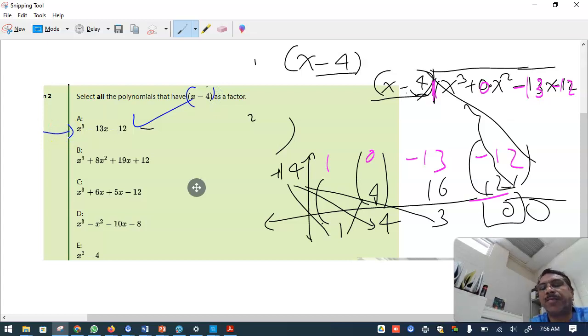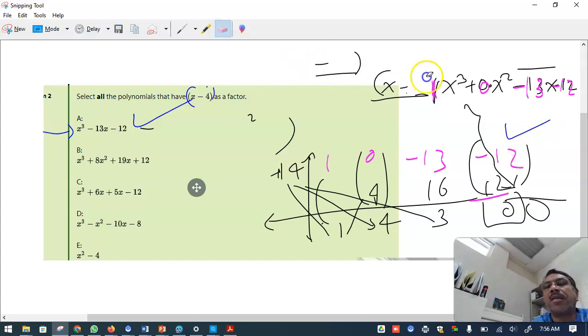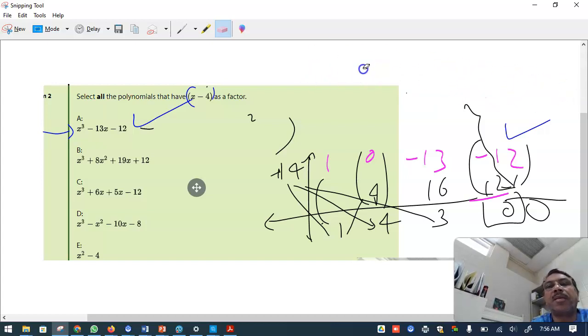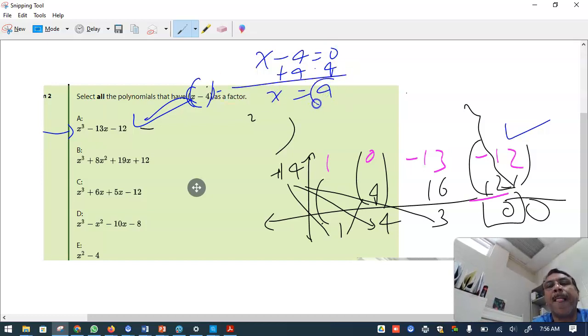Now this is the fastest way, but you can use a calculator also, and another way is just substituting x values. Here, x minus 4 is 0, and then you add 4 to both sides, and you get x equals 4, and this is the 4 you plug in here in each of these.